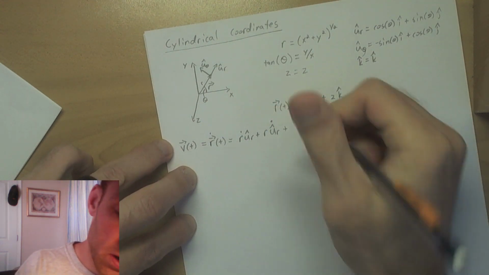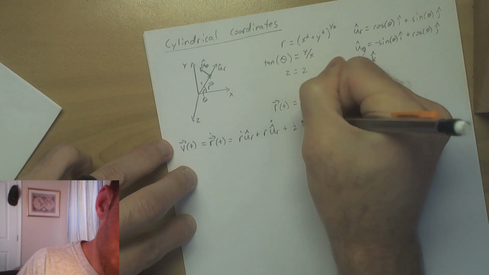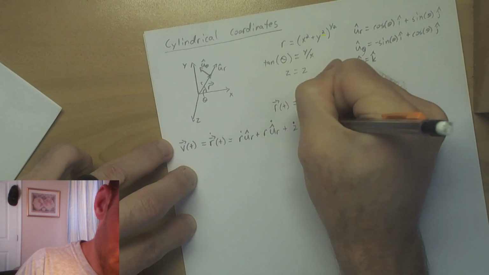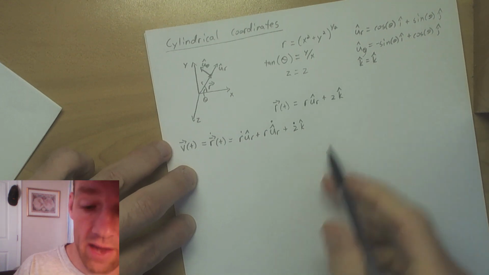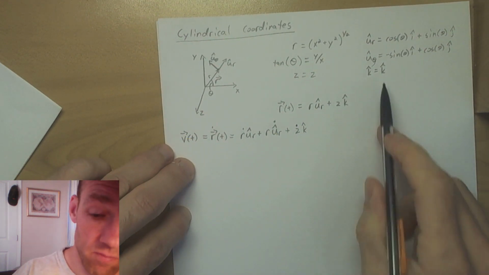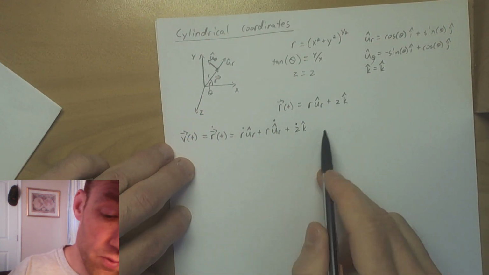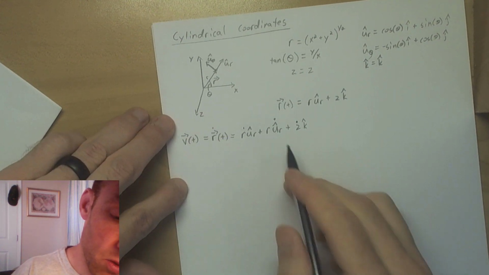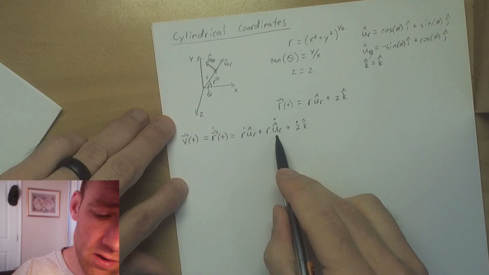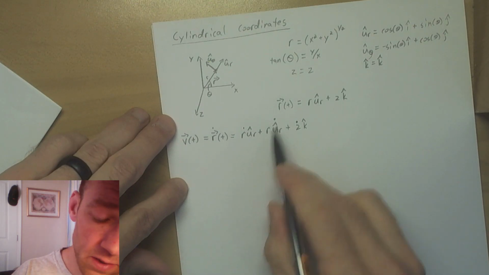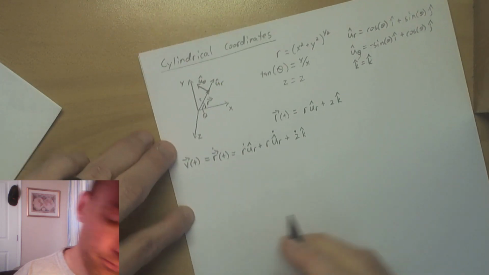Plus z dot k, and then again z k dot, but k dot is constant in this case. So I'm not going to include that. So everything here is straightforward except for this. How do we calculate the time derivative of u sub r?